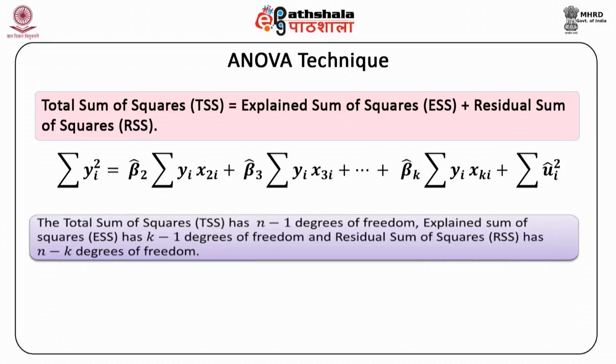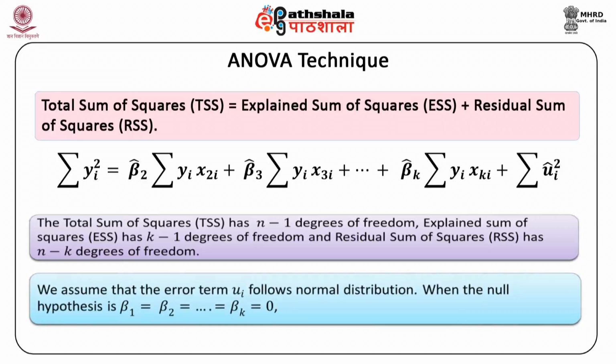The total sum of the squares TSS has n-1 degrees of freedom. Explained sum of the squares ESS has k-1 degrees of freedom, and residual sum of the squares RSS has n-k degrees of freedom. We assume that the error term ui follows normal distribution.